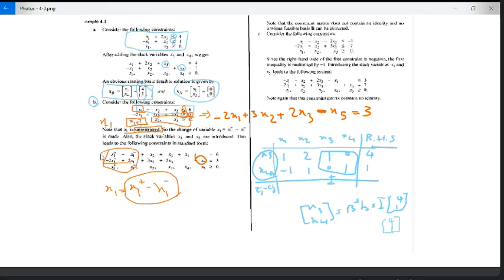You see this? We say x1 equals x1 plus minus x1 minus, and x1 plus and x1 minus are greater than or equal to 0.